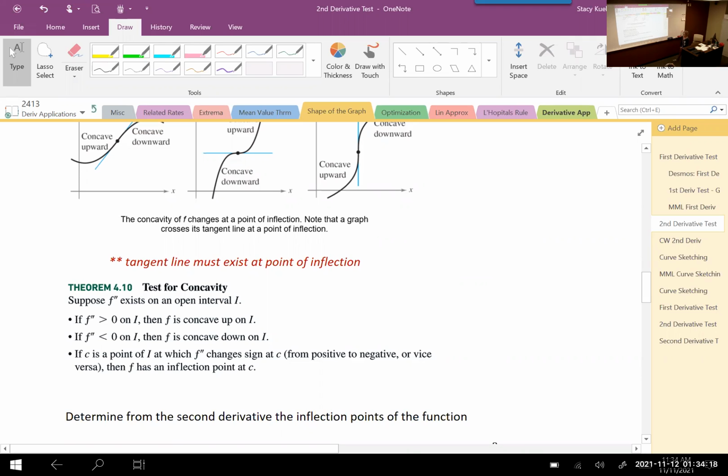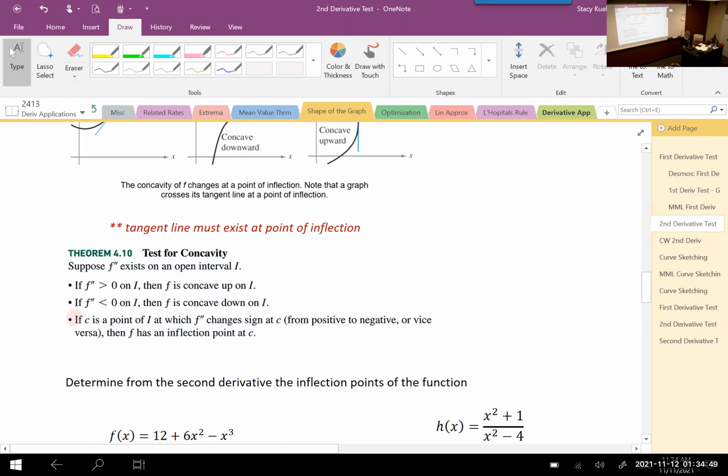We already know that if the second derivative is positive, then you're concave up. If your second derivative is negative, then you're concave down. But the third bullet says if c is a point on that interval where the second derivative changes sign, then you have an inflection point. But your function has to exist in order to have that inflection point. Okay?